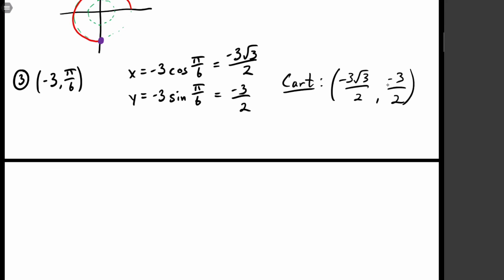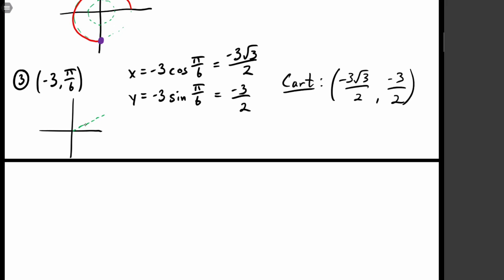Notice both numbers here are negative, which means we should be in quadrant 3. That fits with this here, because the angle pi over 6 is somewhere around here.